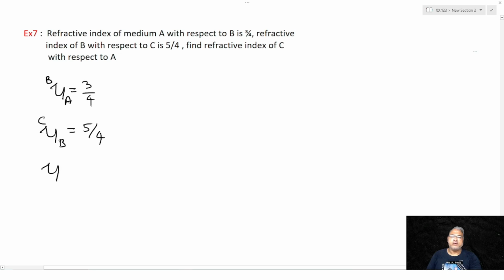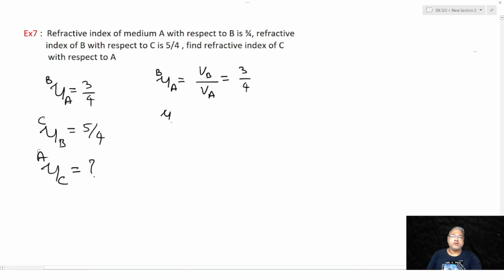Find the refractive index of C with respect to A. Now we know that the refractive index of A with respect to B is nothing but VB upon VA, that equals 3 upon 4.